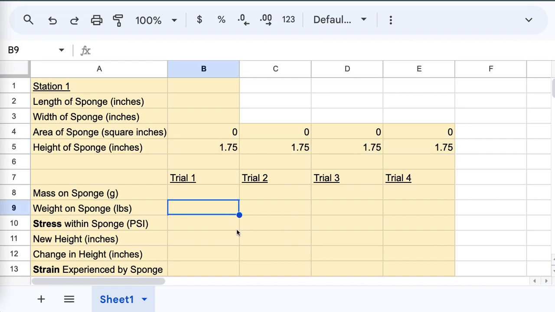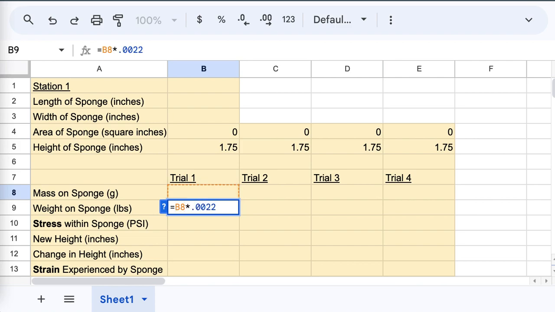The weight on the sponge, we want that in pounds, but we're entering it in grams because all the weights we have are stamped in grams. So we want this to be pounds, and right after we put in grams. So we're going to equal what? Well, we're going to equal the mass in grams, and we're going to multiply it by the conversion factor of 0.0022.